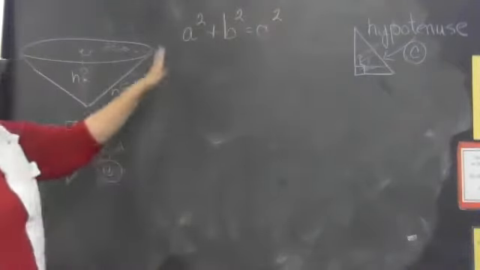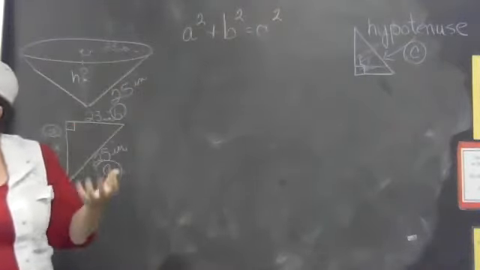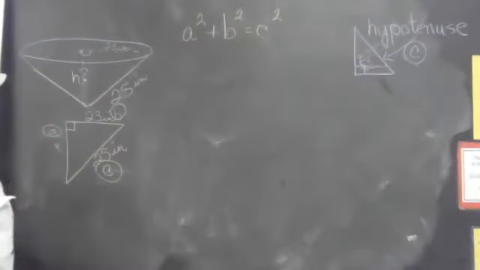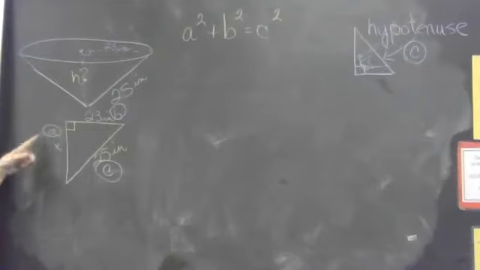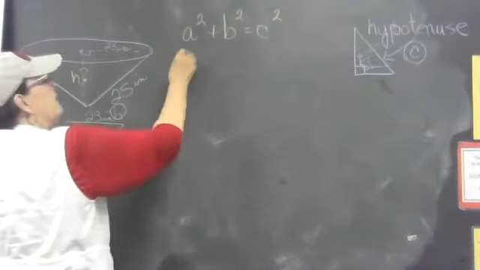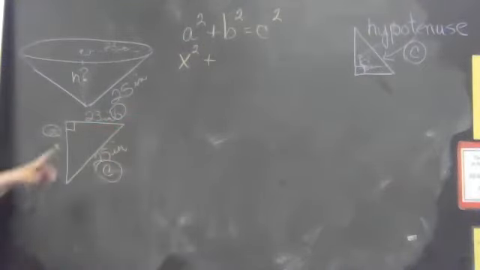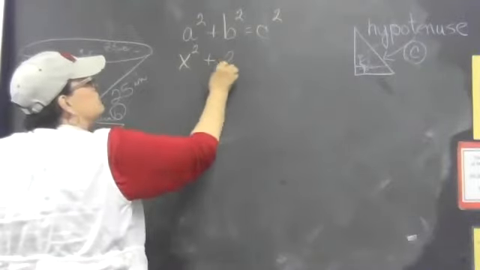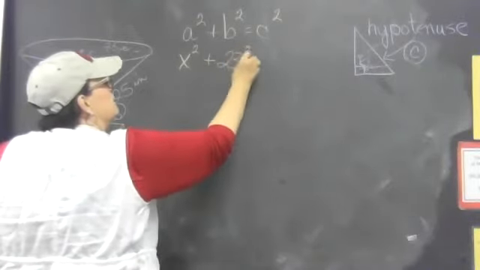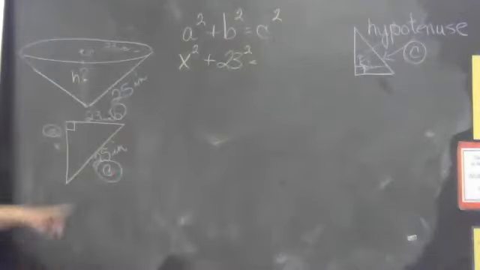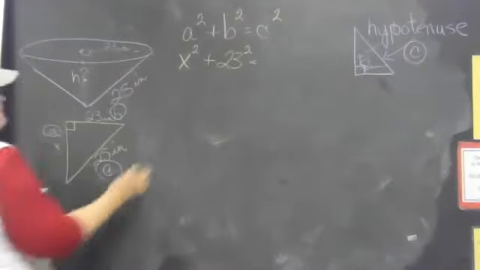So now this is the formula. Write the formula first and then plug things in. So I want to know what side A is. It's X. We don't know it. So I have X and I have to square it, plus B is our 23. So I have 23 squared equals C, 25 squared.